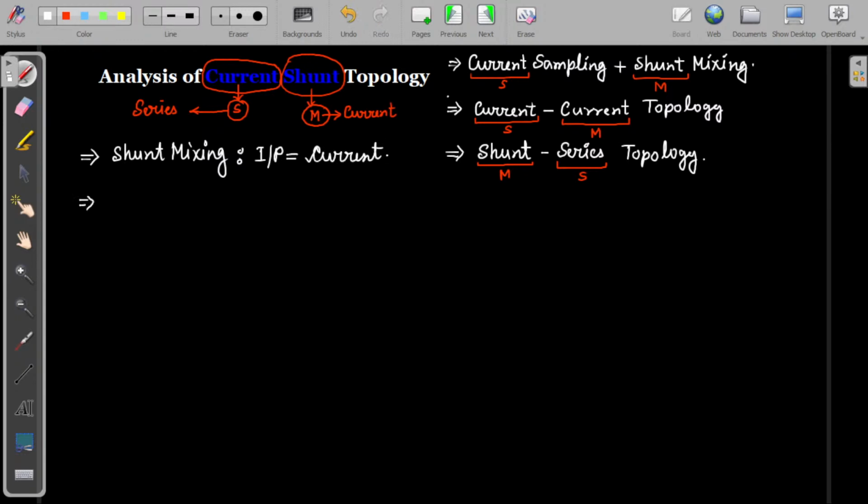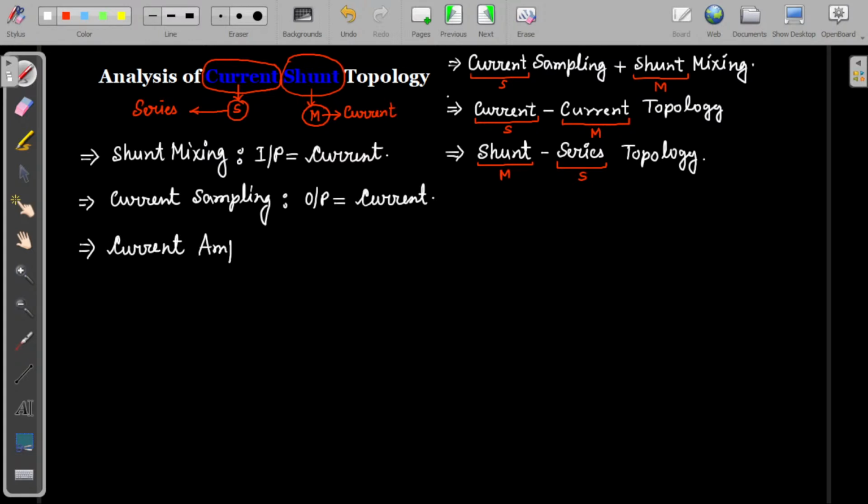At the output we have current sampling, so the output parameter will be current, because it samples current. So the input parameter is current and the output parameter is current. What type of amplifier do we get? We get a current amplifier.